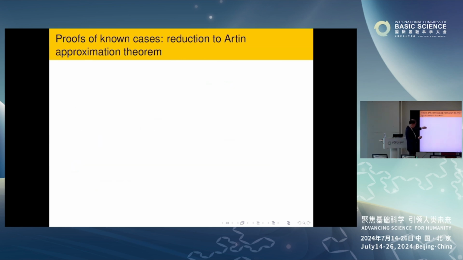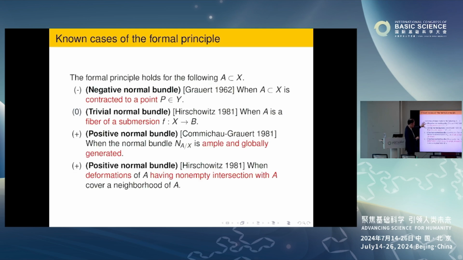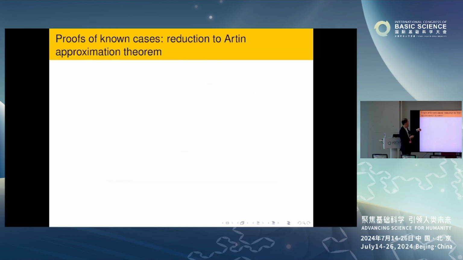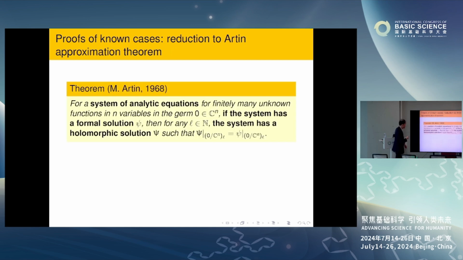Now, in all these known cases, the proof essentially uses the idea of the Artin approximation theorem. The Artin approximation theorem is the following. When you are given a system of analytic equations for finitely many unknown functions in n variables near one point, if the system has a formal solution, then it must have a convergent solution.